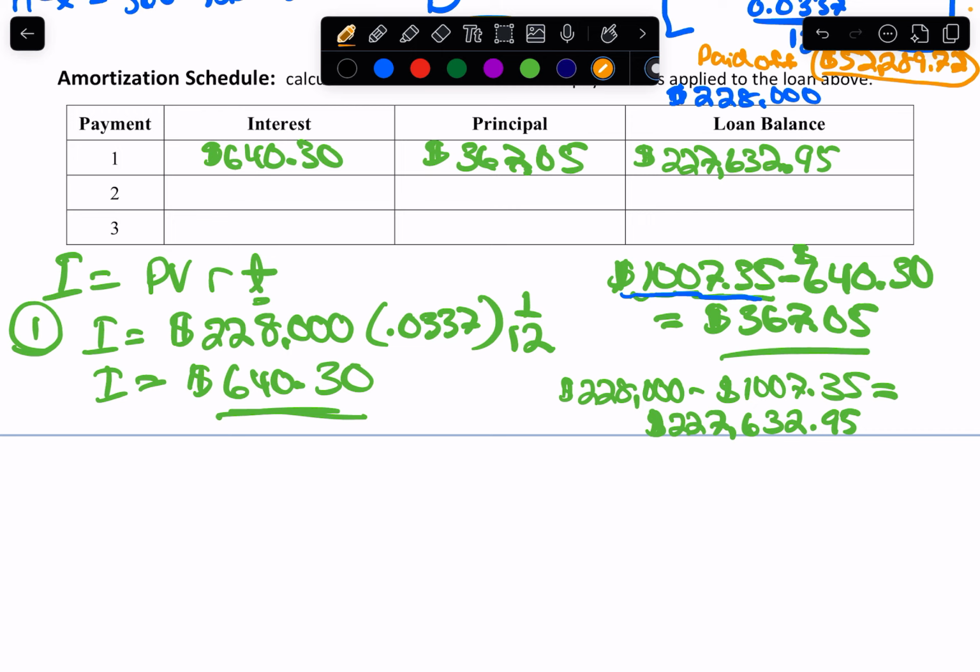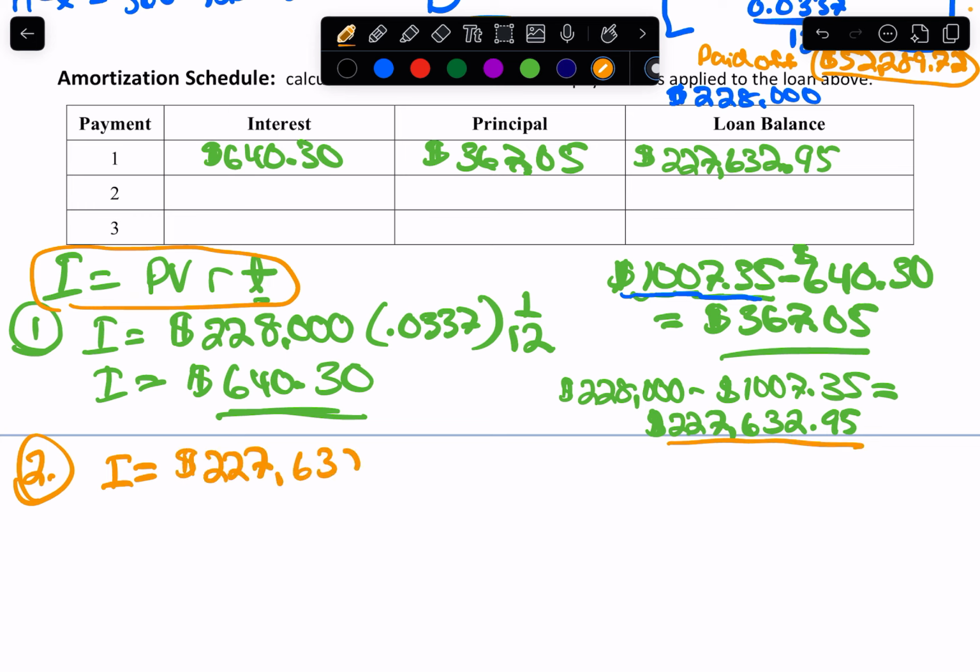So for payment number 2, we're using the same formula again, but now our present value is going to be $227,632.95. Our rate does not change, and it's still once a month. So when we do this calculation, we get $639.27.